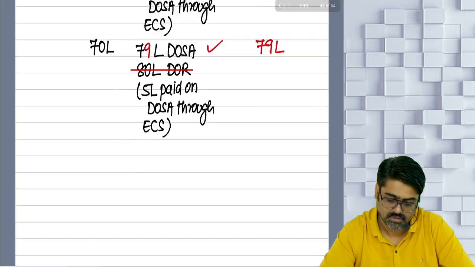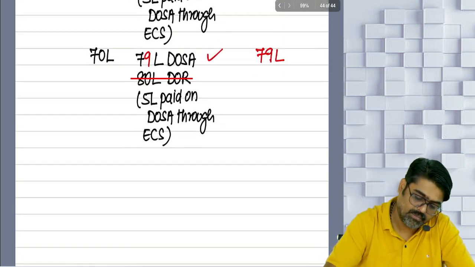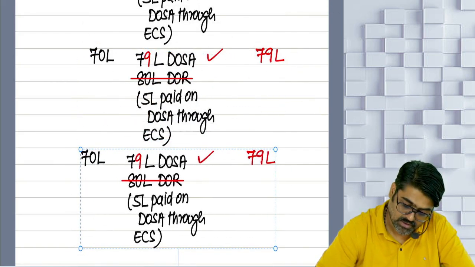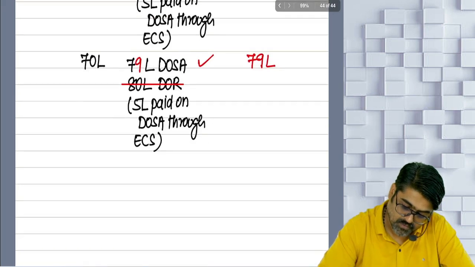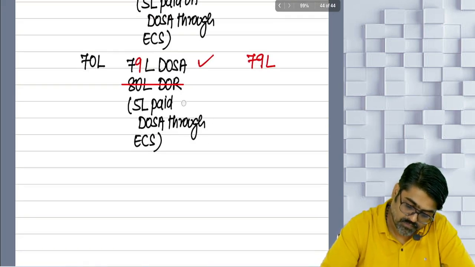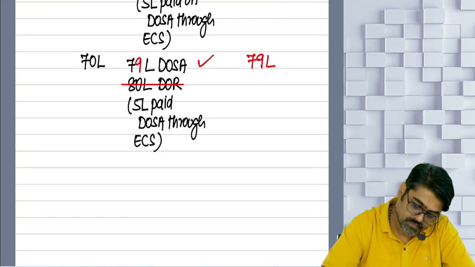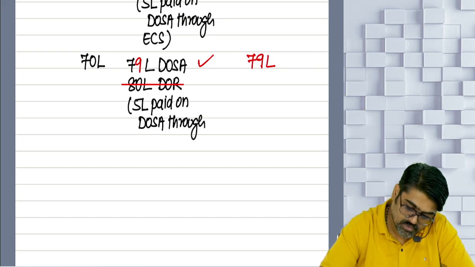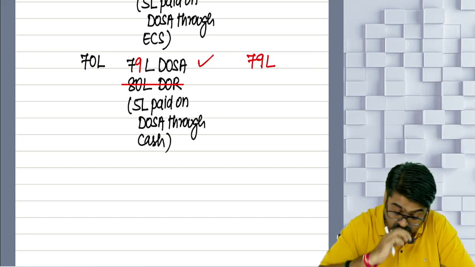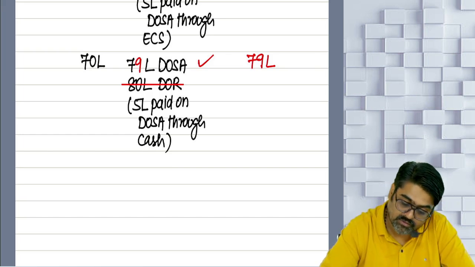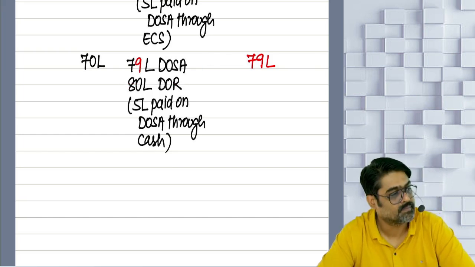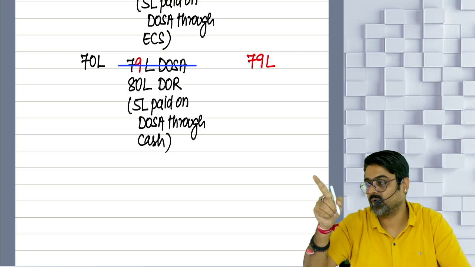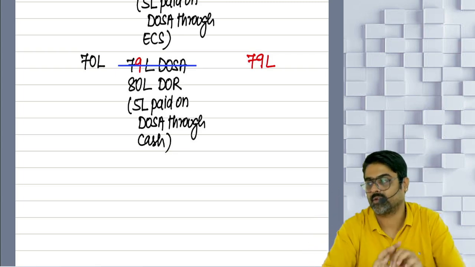Done, sir? Now same case. Now 5 lakh paid on date of sale agreement through cash. Now if you take 79 lakhs, you are gone. You are supposed to ignore 79 lakhs because this stamp duty value cannot be taken for 50C.